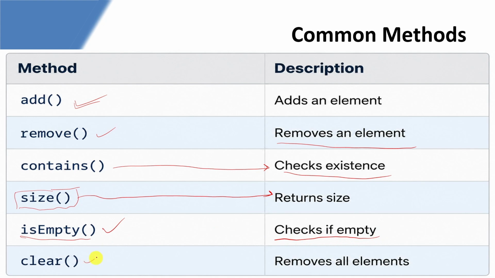And the clear method is used for removing all elements. So we will frequently use add, remove, contains, size, isEmpty and clear while working with HashSet.